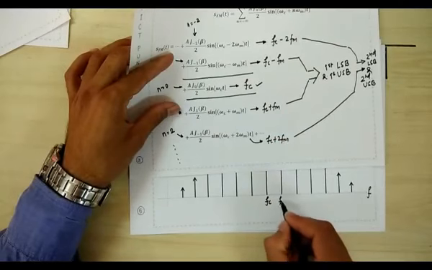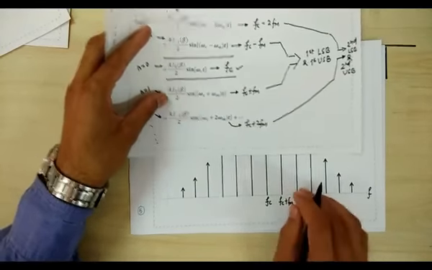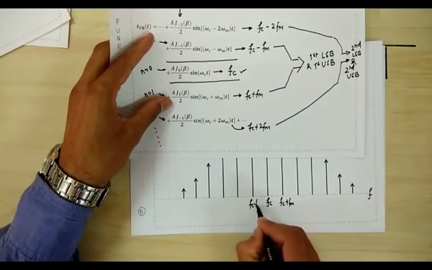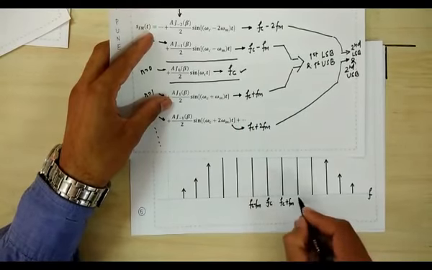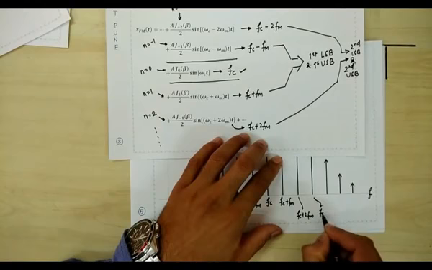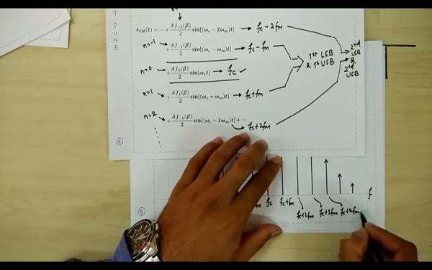So this is Fc plus Fm. Then we have Fc minus Fm. This is my first lower sideband. If you see this one, this is Fc plus 2 Fm. This is Fc plus 3 Fm. This is Fc plus 4 Fm, and so on.